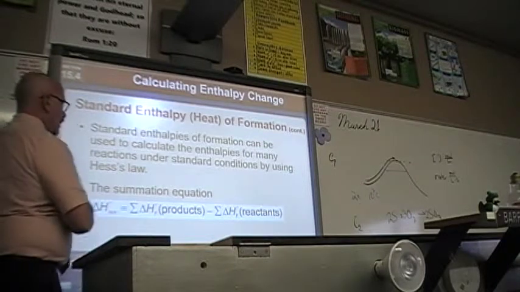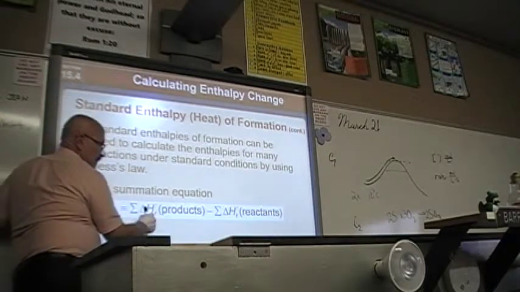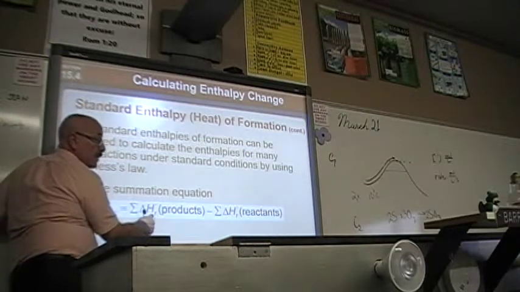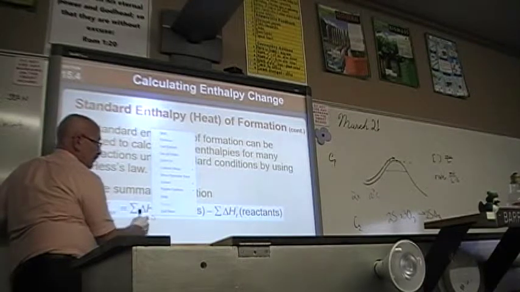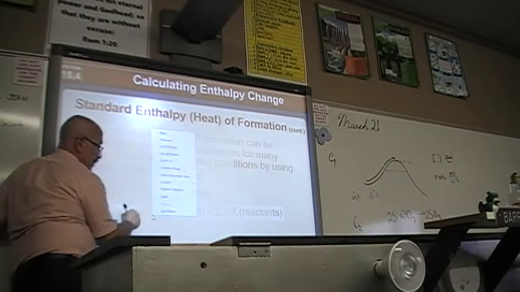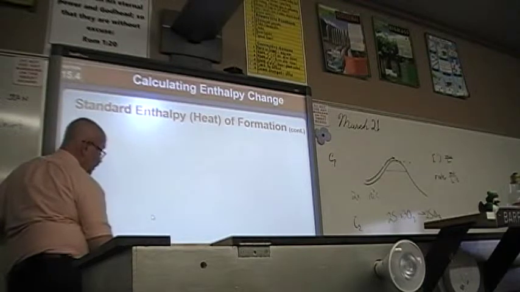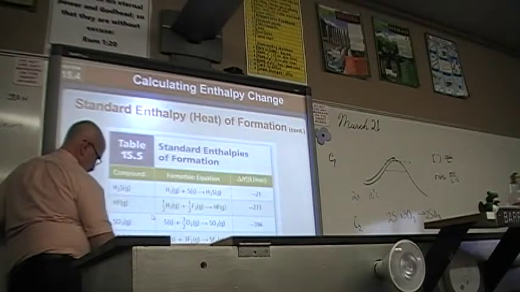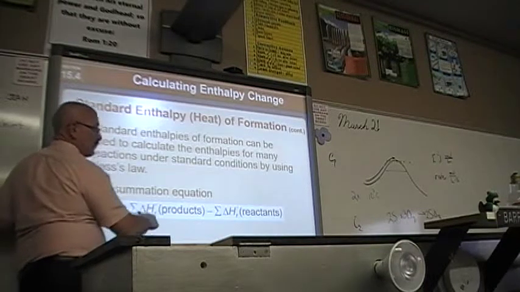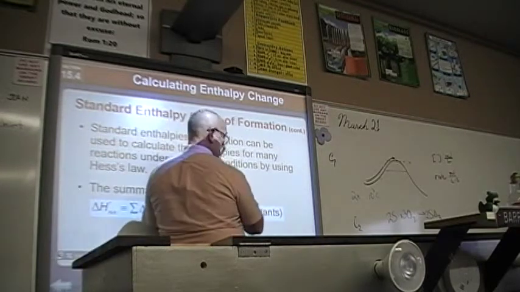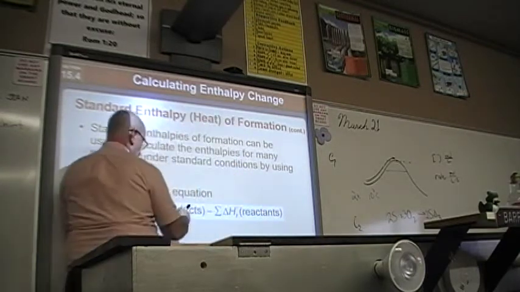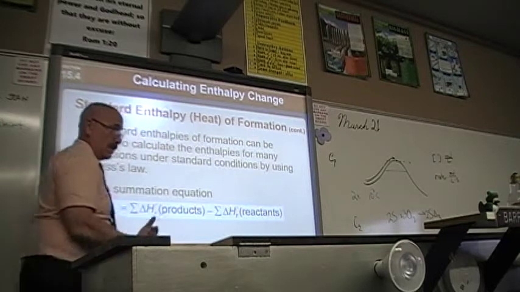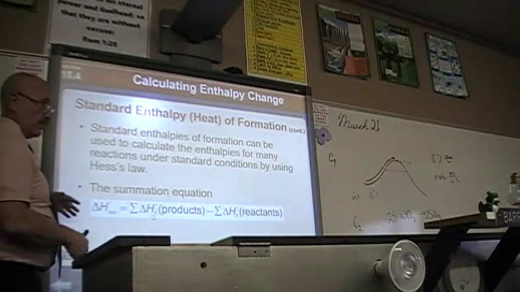Okay. Delta Hf is heat of formation, or enthalpy of formation. We're going to do it for all of the products and add them up. Then we're going to do it for all the reactants and add them up. And then remember, we take products minus reactants, and we get our delta H of reaction.